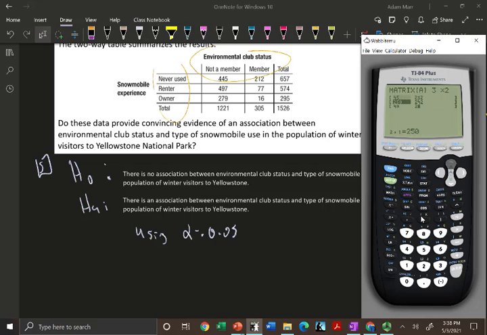I already made a mistake here, 445. Don't worry, on your actual calculator it's much easier to put this in than this virtual calculator. 497, 77, 279, and 16. Okay, let's just double check. Yes, yes, yes, yes, yes, yes. Looks like we're good. Okay, awesome.